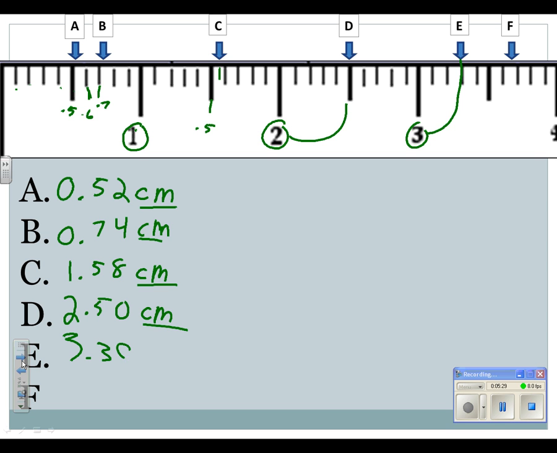We're going to estimate that 0 right there. So it's on the line. F, it's at least 3.6, and it's almost to the 0.7, so we'll call that 3.68 centimeters. Okay, so that's how you're going to do a ruler. The big thing is always include an estimated number.